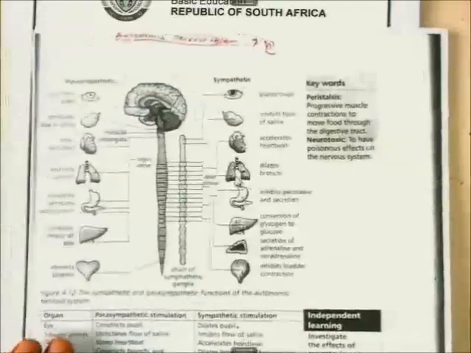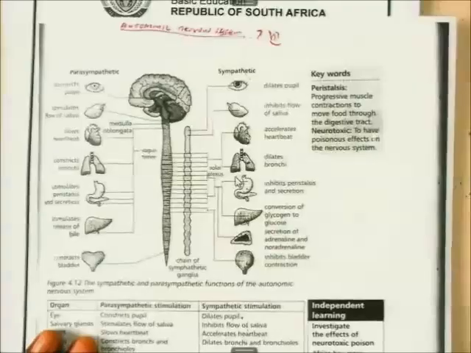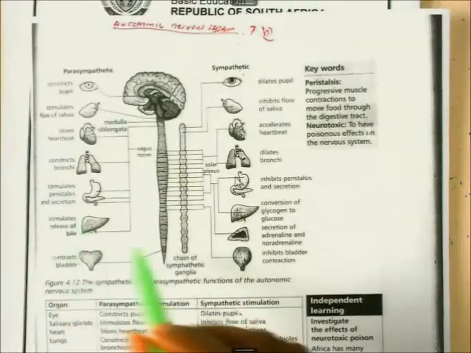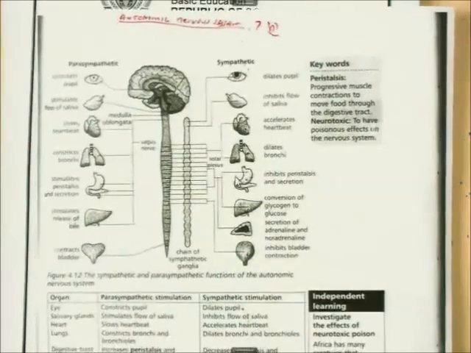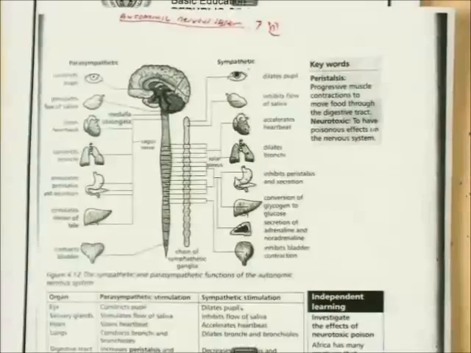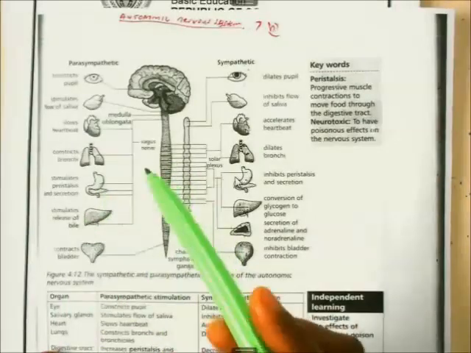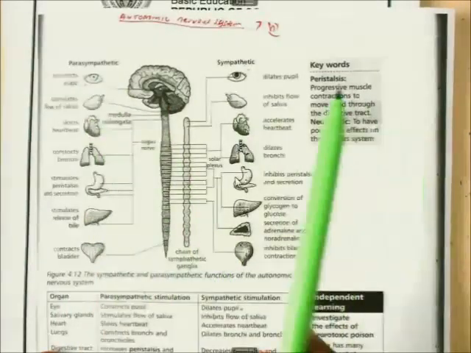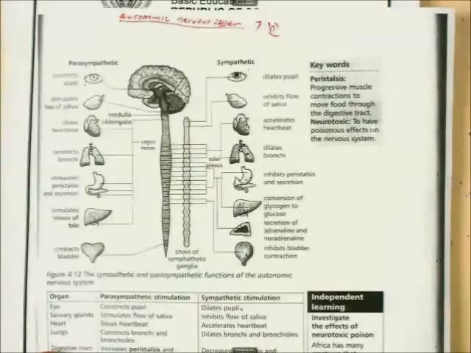So as you can see from this diagram, most parts of your body are supplied by nerves from the parasympathetic as well as the sympathetic nervous system.